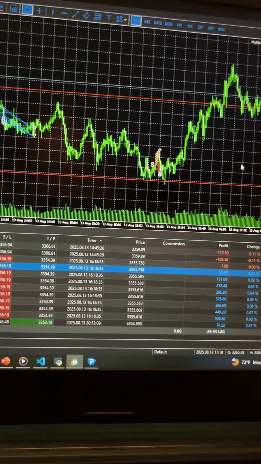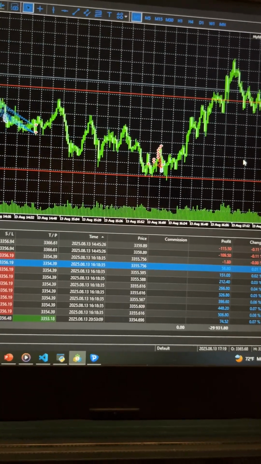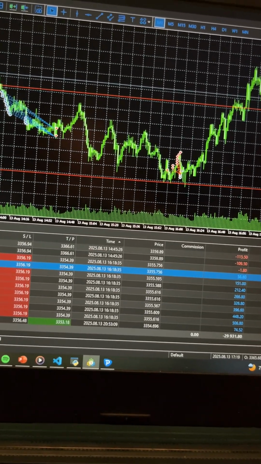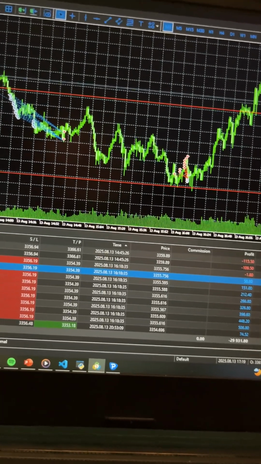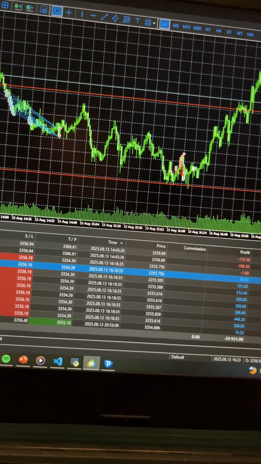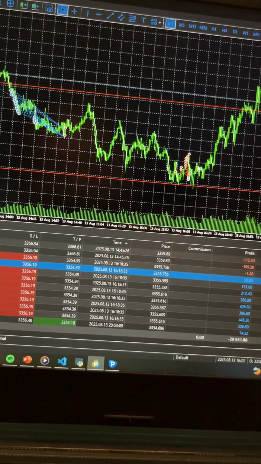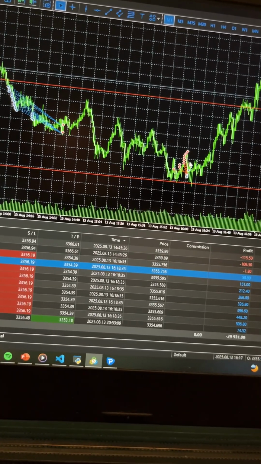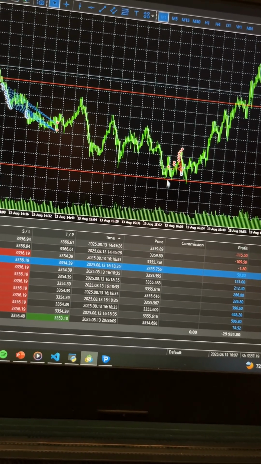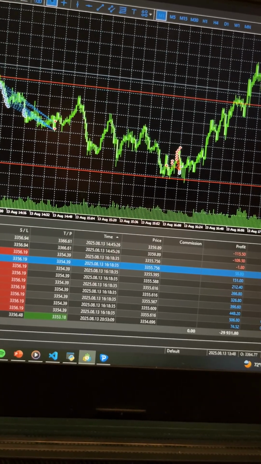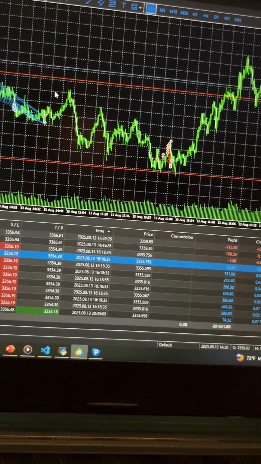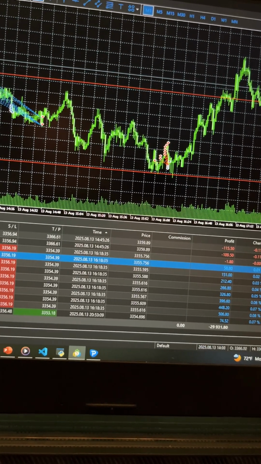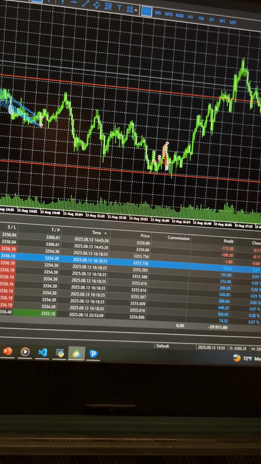So basically that's it. With this new recovery setup, you can expect to catch some bigger profits earlier, and in other ways you can maximize your pip step range. If you don't know the difference from the previous session, we were using 2 pip step, right?